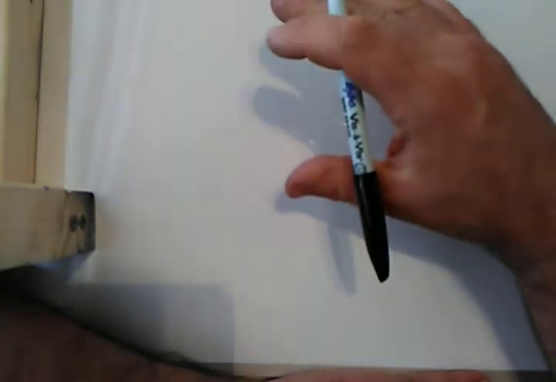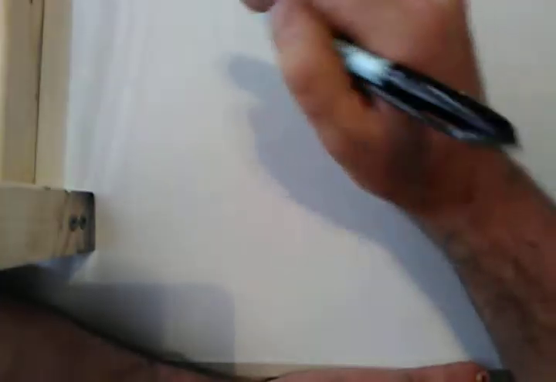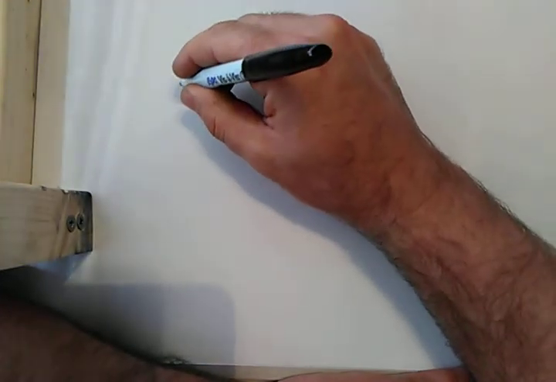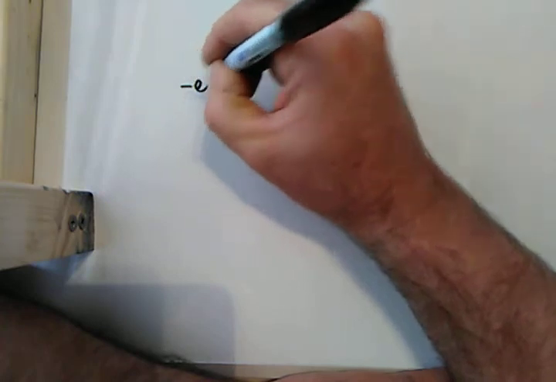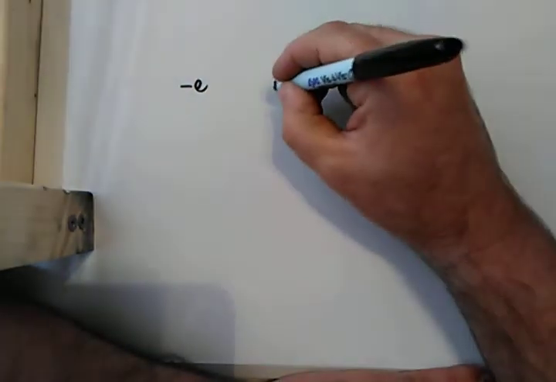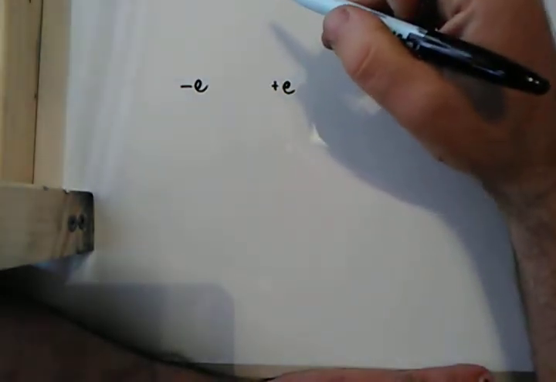So, anyhow, let's get started with the second part of electrostatic charges and forces. So here you go. You've got what we know of as electrons, and there's also something called protons we've looked at a little bit in the last video.